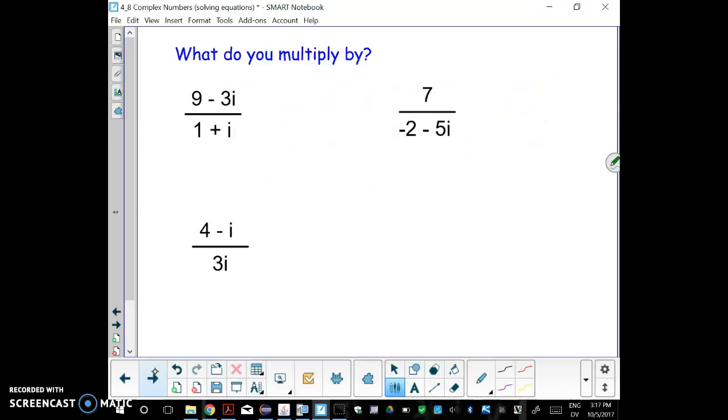All right, so I'm not going to go through and do all these problems, but these are examples of how we want to get rid of i in the denominator. It's kind of different depending on the situation, but for this first one, we would just multiply the top and bottom by the conjugate. This would be 1 minus i to top and bottom. I'm going to have you try this one real quick. What would you multiply top and bottom by?